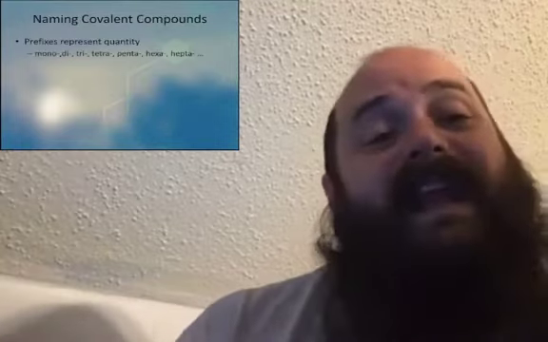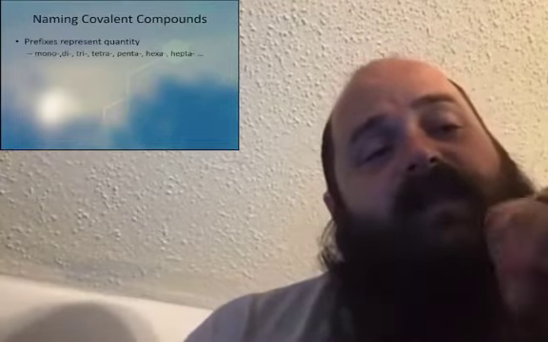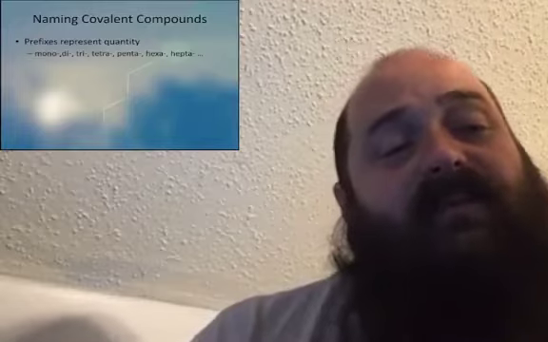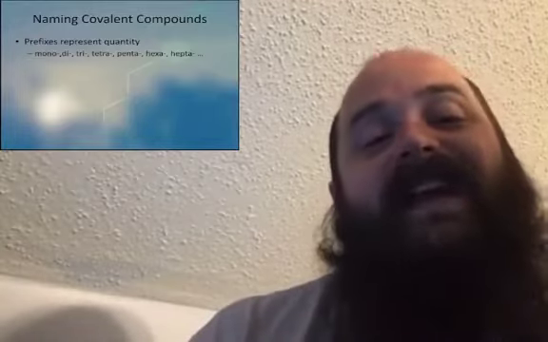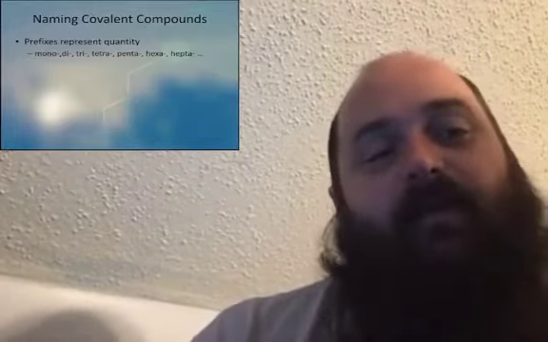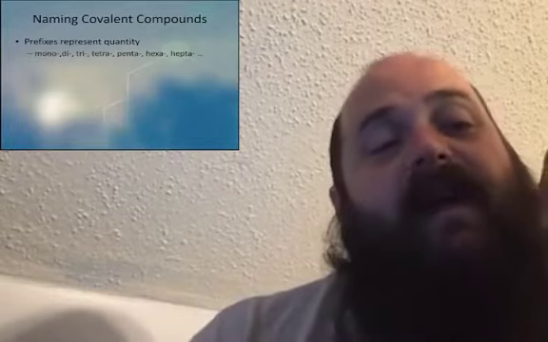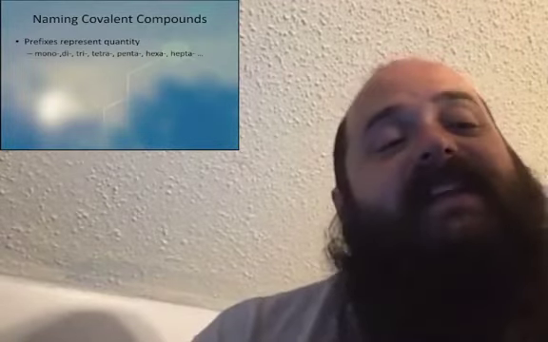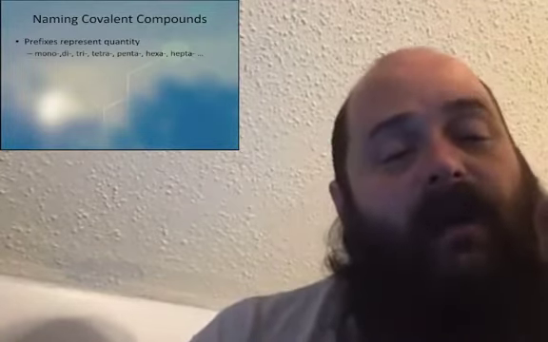So when we name covalent compounds, the first thing we do is we have a prefix that goes on every atom that is part of the covalent compound. That prefix indicates the quantity of that atom in the compound.